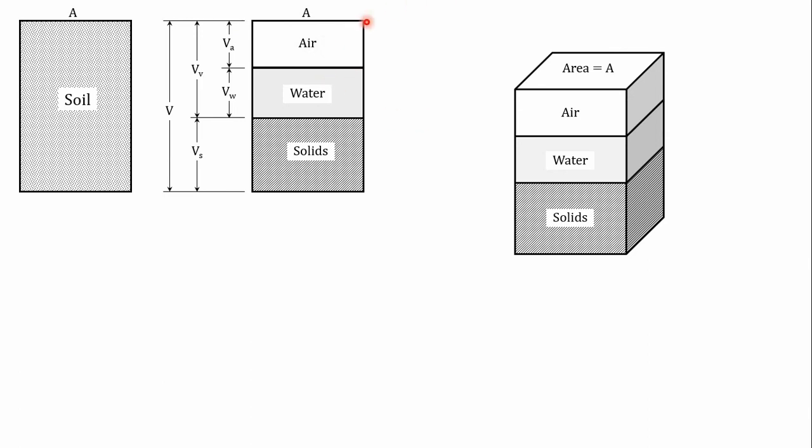How about by weight? We call this the weight of solids, denoted as WS. This is WW, the weight of the water. And this is the weight of air. Take note, the weight of air is negligible, or nearest to zero.